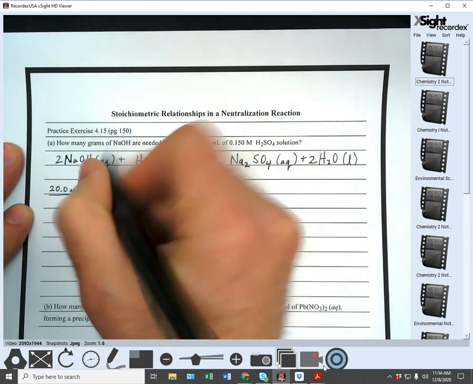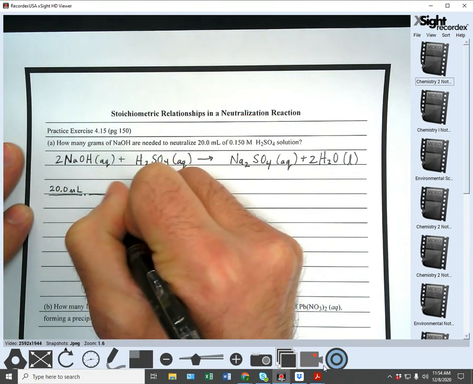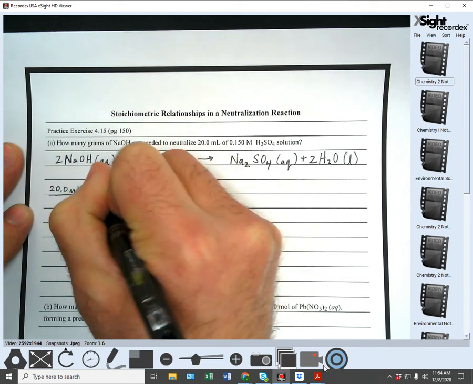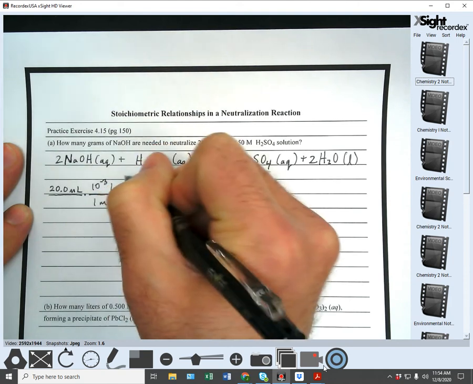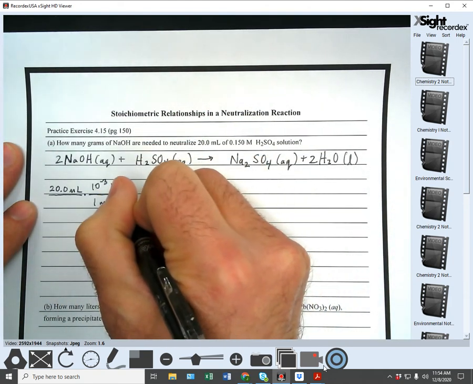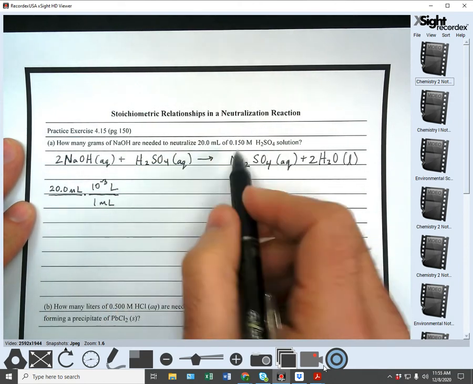So I'm going to go from milliliters to liters. Okay. So now I'm in liters of the H2SO4, right?